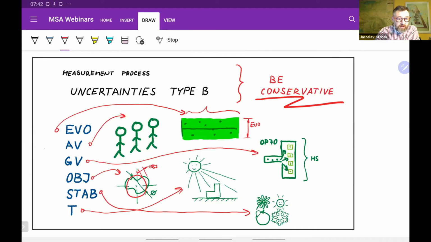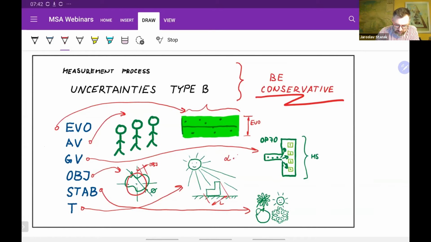The most basic case is if we have a measuring object and we are measuring some of its dimension, let's call it L, and we know the temperature expansion constant alpha of this material. Then we need to multiply it by this length, and by the biggest difference from nominal temperature that we will get. The nominal temperature is usually 20 degrees Celsius. In some labs, it may be different.